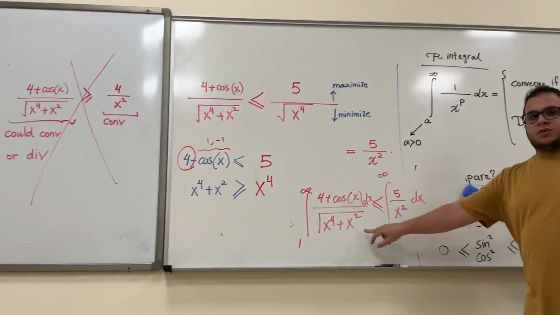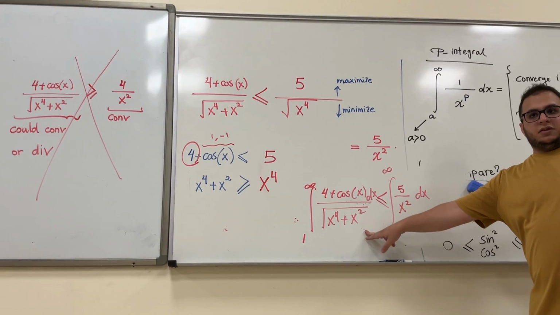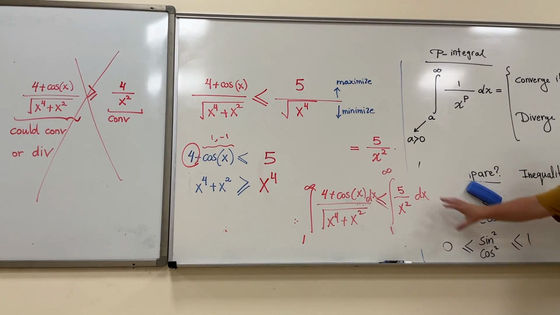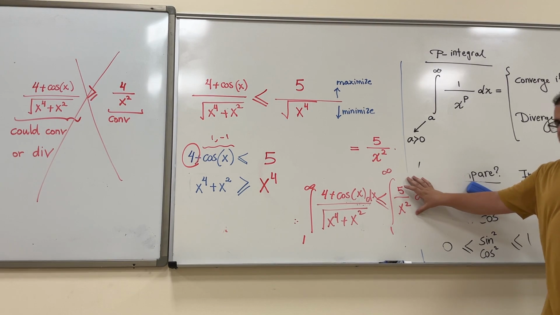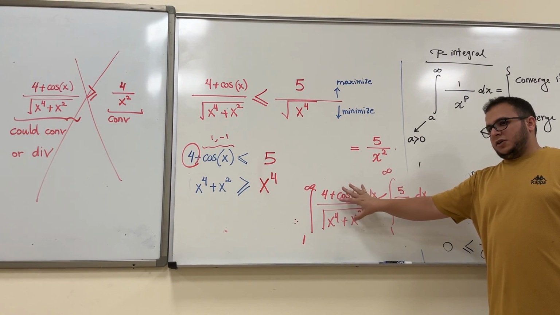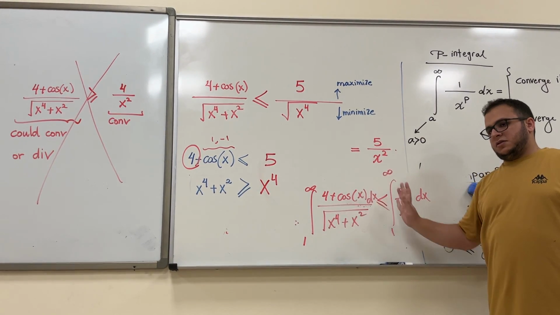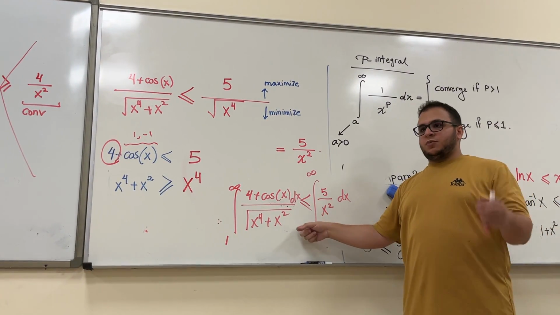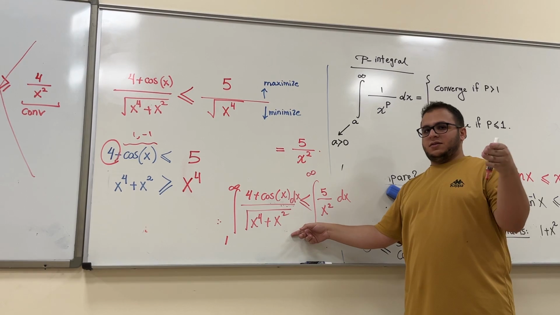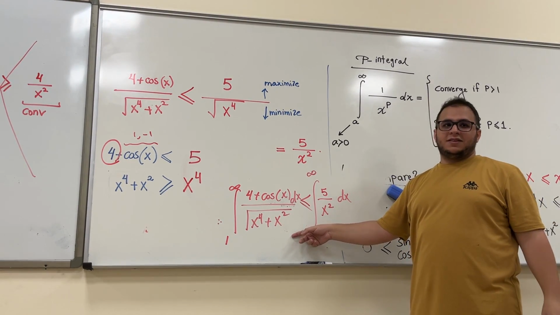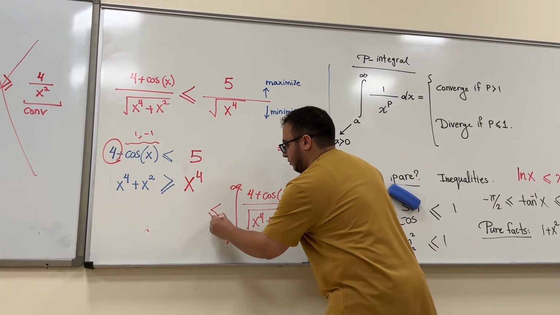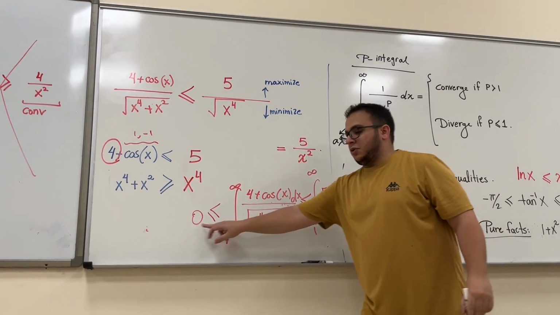Since this converges, this will converge. But I'm missing something. Nobody noticed this. This converges, right? But am I sure that this converges? No. Let's say this is 5. Less than 5 could be 4, 3, 2, 1, negative, or negative infinity. So I need to do something here. I can bound it by 0. Why is this true?